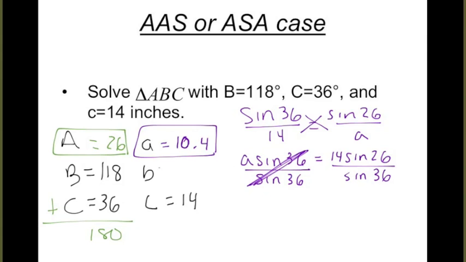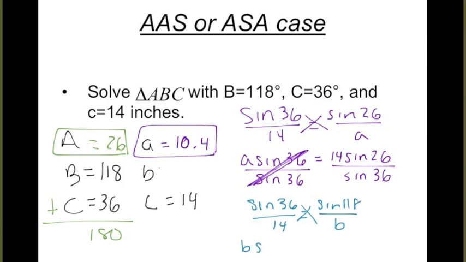Then to solve for side b, we repeat the exact same process. So I'm going to go back to using sine of 36 over 14, both of the given pieces of information, just in case I've gotten something wrong so far. I don't want to build off of it if I don't have to. And then I'm going to do sine of 118 over little b.